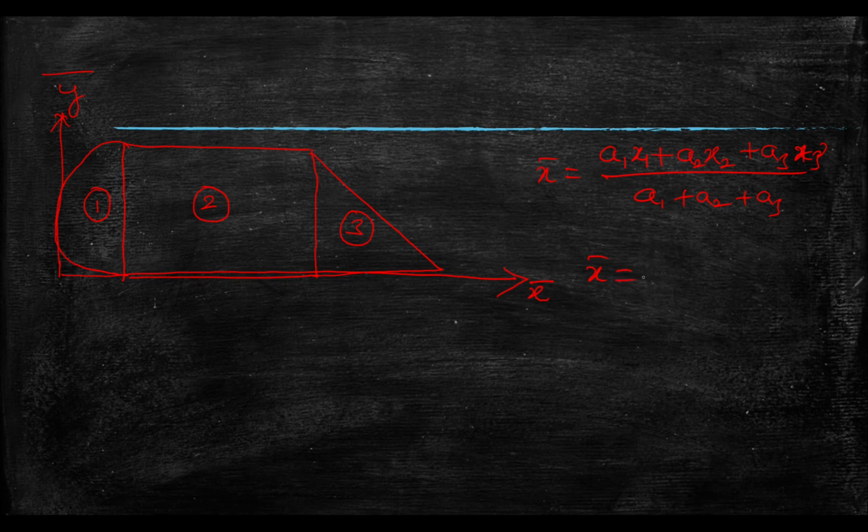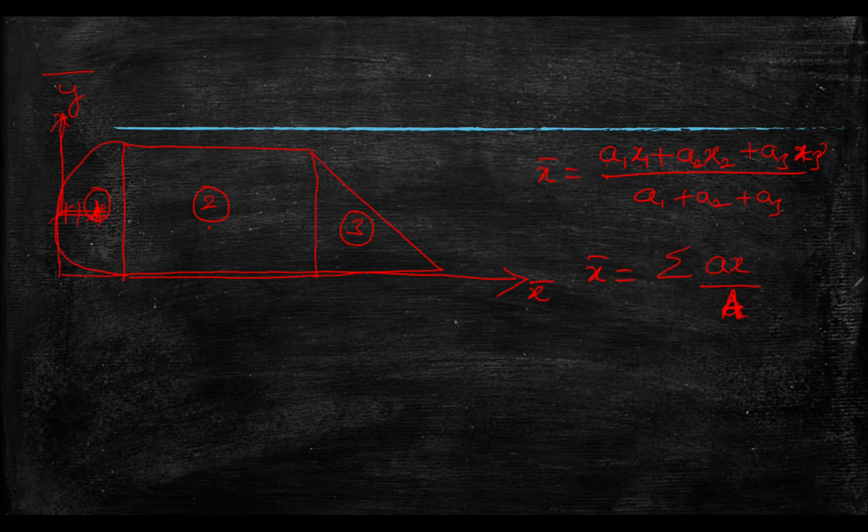So this you can write as sigma of ax divided by capital A. Here a1 is the area of the first plane figure, a2 the area of the second, and a3 the area of the third plane figure. x1 is the distance from the y-axis to the centroid of the first plane figure.